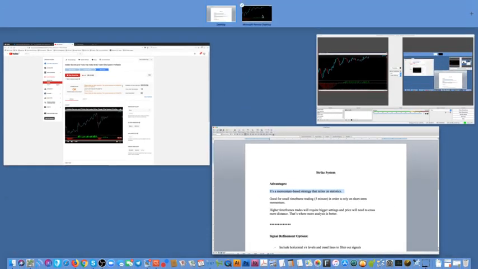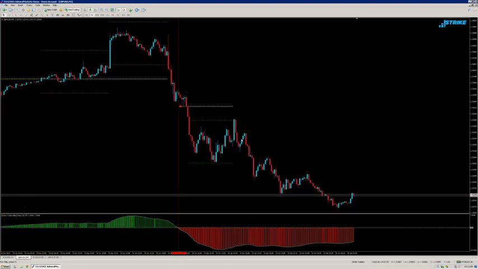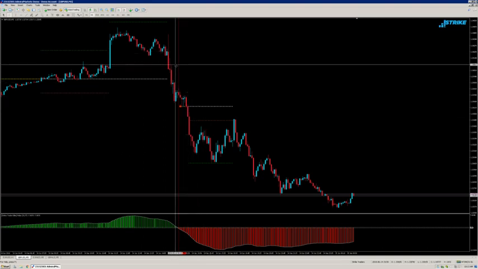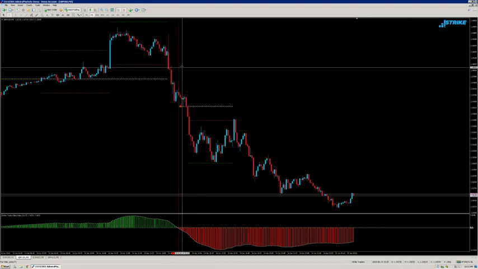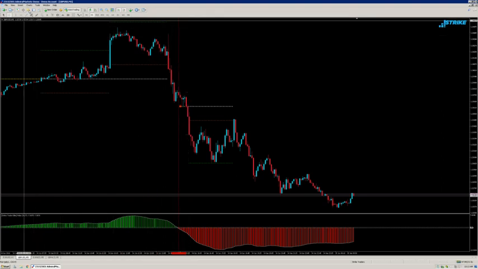Okay, so I wanted to show you here, for example, on the pound US dollar. I'm going to show you what these little lines mean, and it looks a bit complicated right now, but it's actually not that complicated. Basically, there's one indicator.